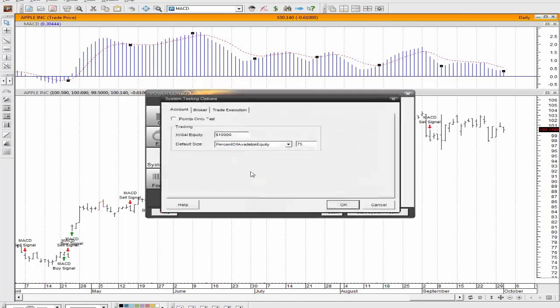Now, it does cost money to trade. So basically I'm going to say, how do I want to perform this test? There's a lot of different ways that you can do this, so let me walk you through some of the options so you understand what's going on. First of all, if I click on this points-only test, it's going to figure out exactly how many points you'd be up or down.